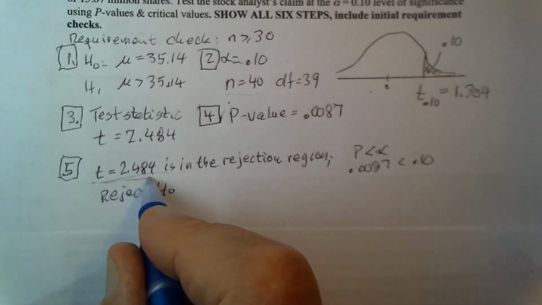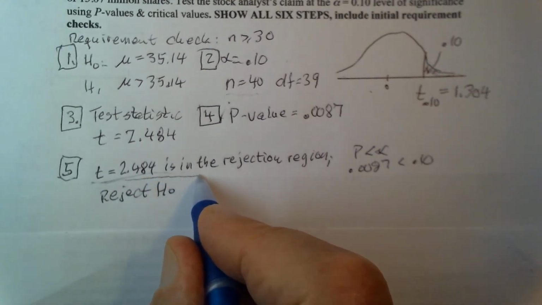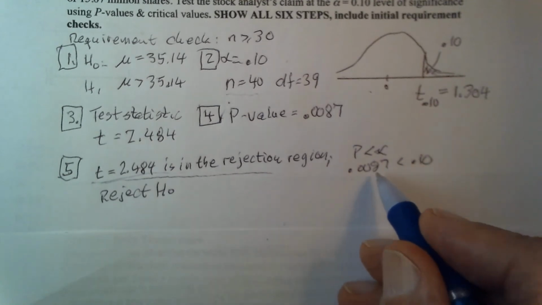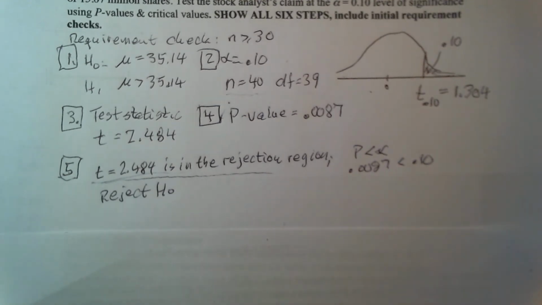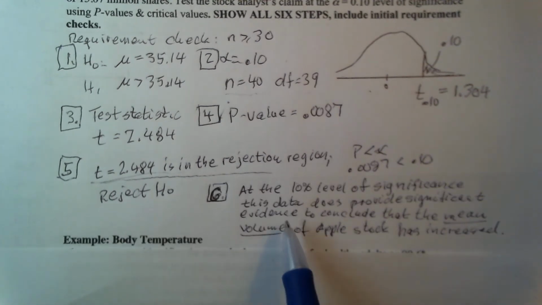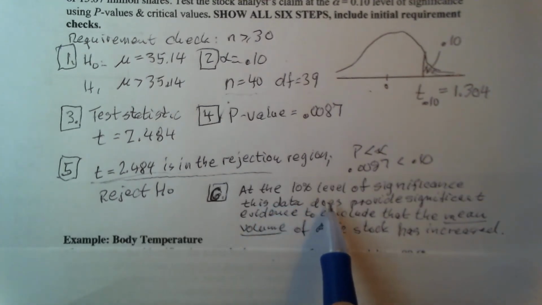Number one, the test statistic is in the rejection region, and p is much smaller than alpha. So we write our conclusion. At the 10% level of significance, this data does provide significant evidence to conclude that the mean volume of Apple stock has increased.